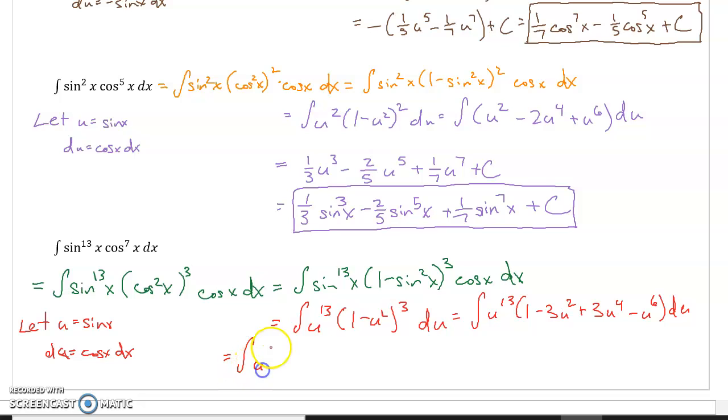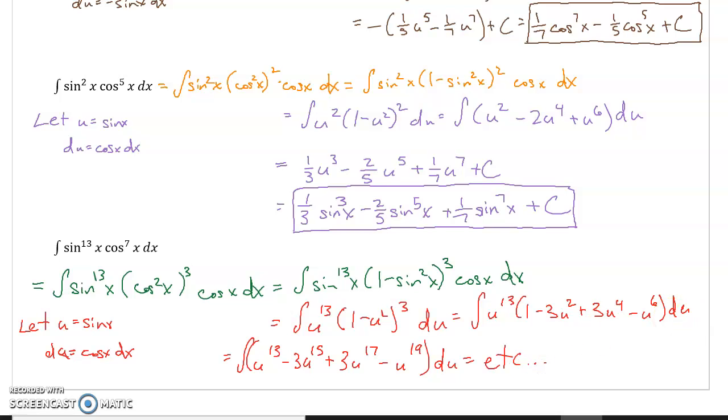So u to the 13th minus 3u to the 15th plus 3u to the 17th minus u to the 19th. I hate to say it, guys, but this is getting a little bit boring, so I'm going to say etc. I think you got it from there.